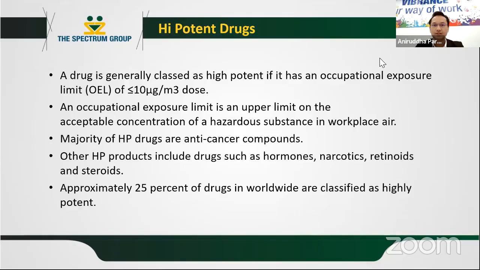Other high potent drugs include hormones, narcotics, and steroids. Almost 25% of drugs worldwide are classified as high potent, and more research is happening so that the drug dosage is minimized and the potency is higher. The developments are happening more in that area.